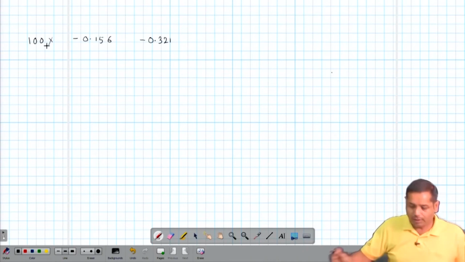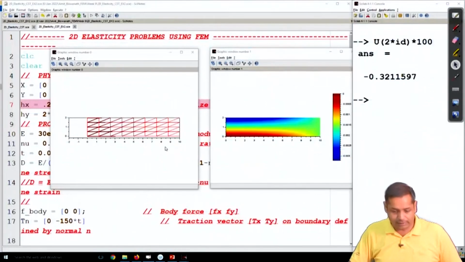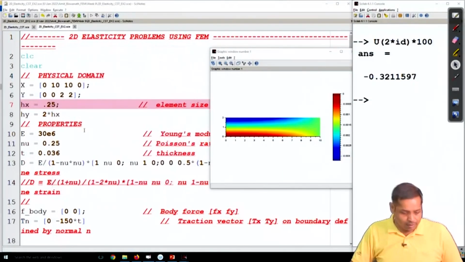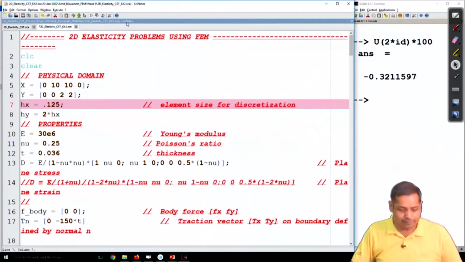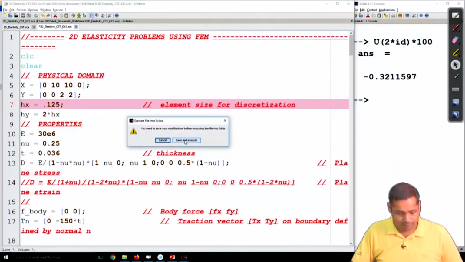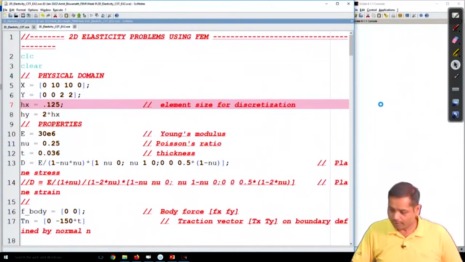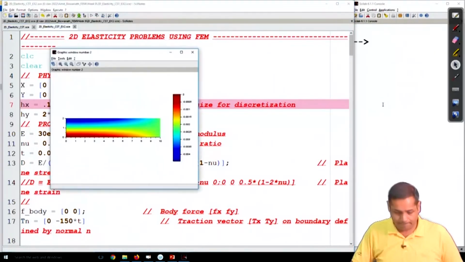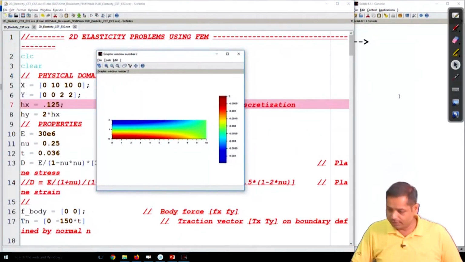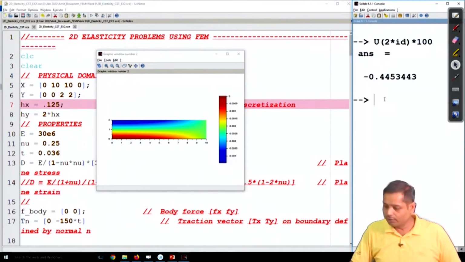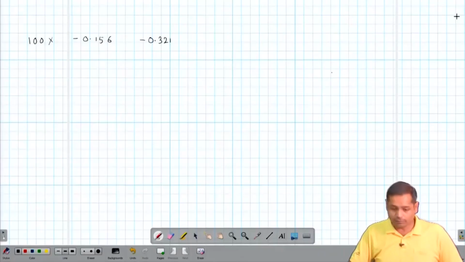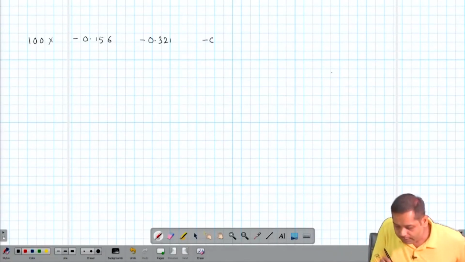Okay, and the next level discretization, if we take 0.125, okay, so this is our solution: minus 0.445.